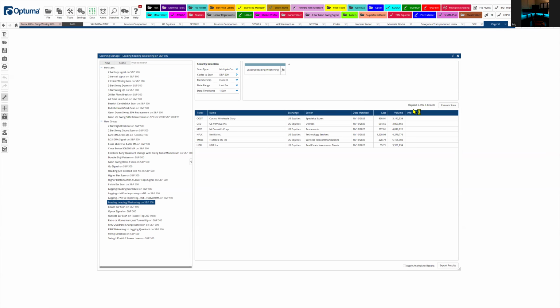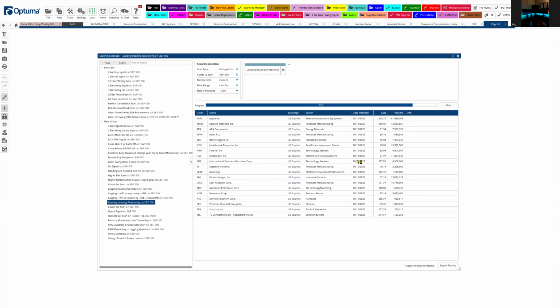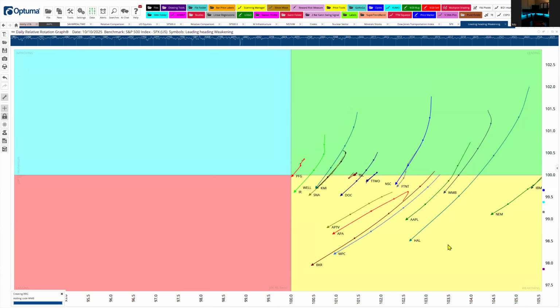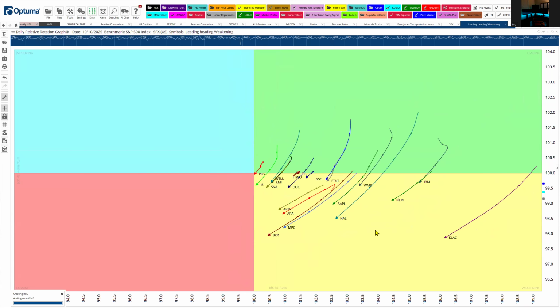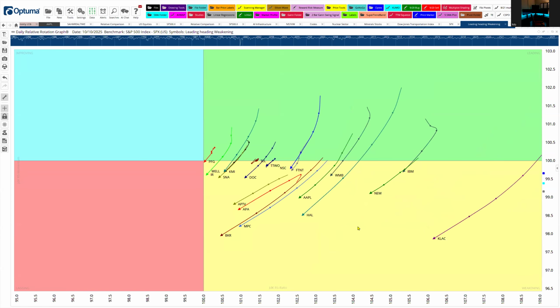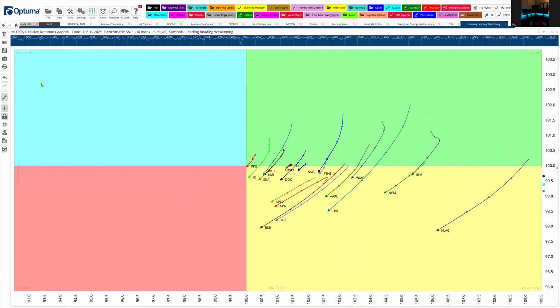And these are the stocks you don't want to touch. These are the stocks that are weakening in the coming days. They're losing momentum. We're looking at the same thing from here going up, right?